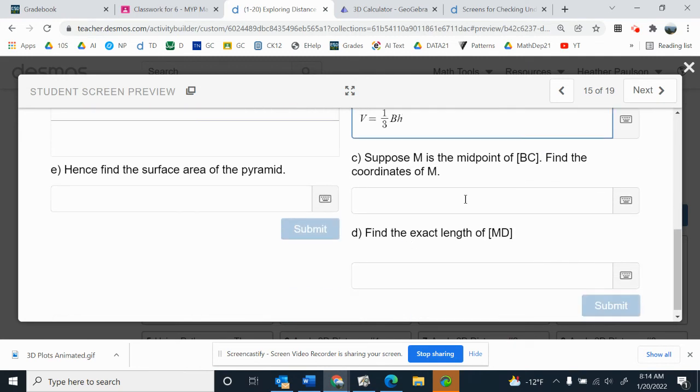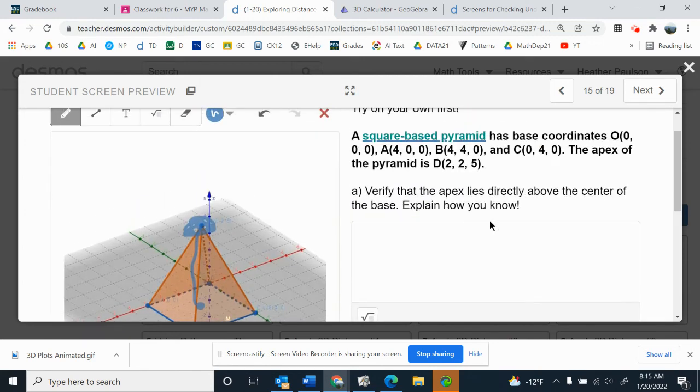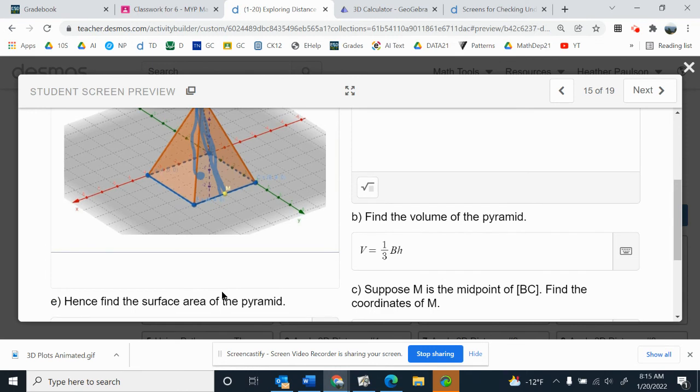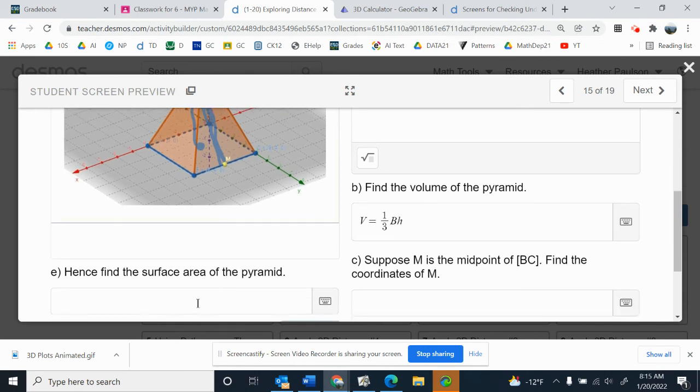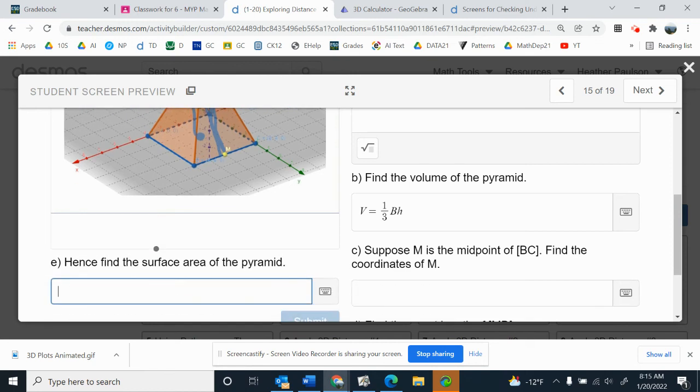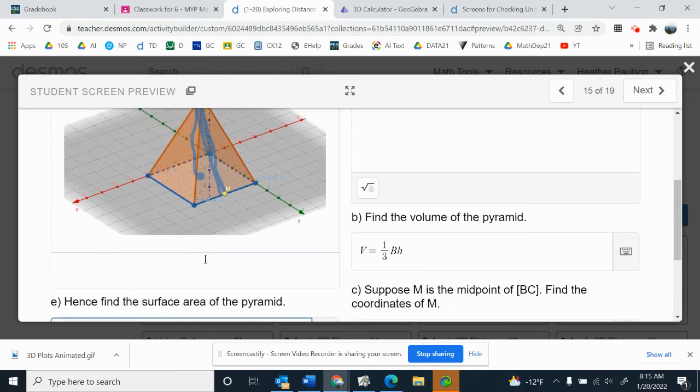And then find the coordinates of the midpoint. Find the length of the midpoint up to the apex. So you're going to find this distance from M to D, which ends up being the height of the triangle on the surface. So the last application you'll do is the surface area.